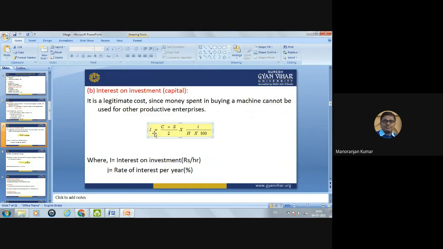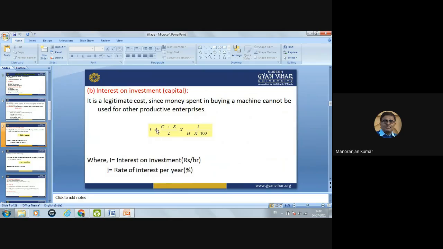Here C is the capital value, S is the salvage value, that is 10% of the capital value, i is the rate of interest per year in percentage, and H is the number of working hours per year.